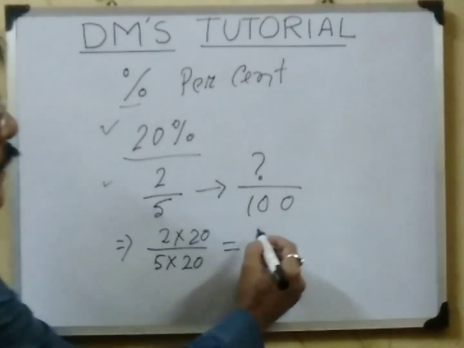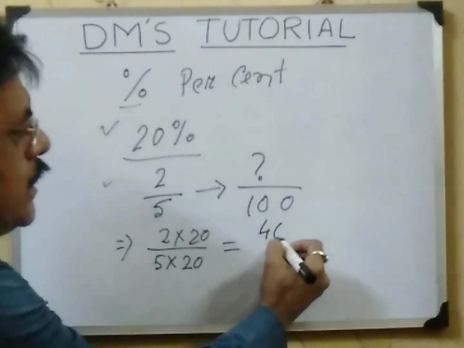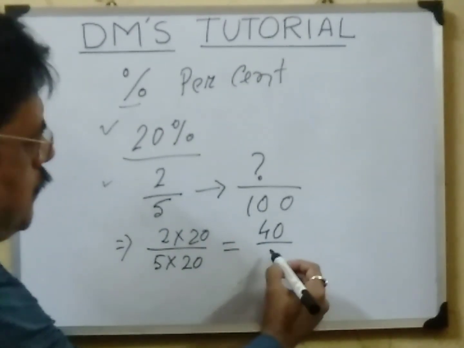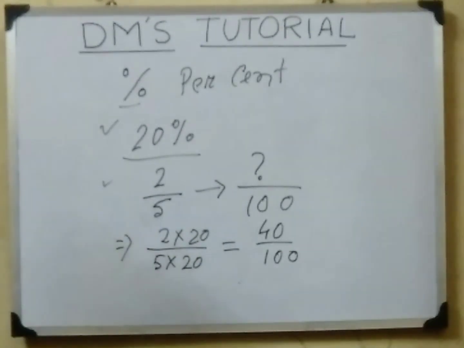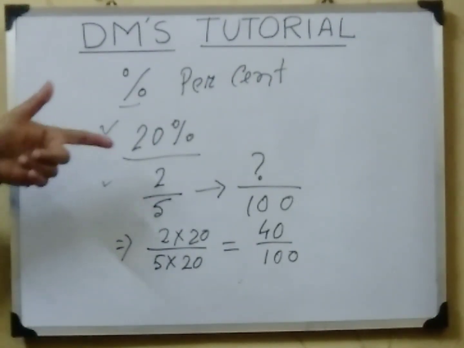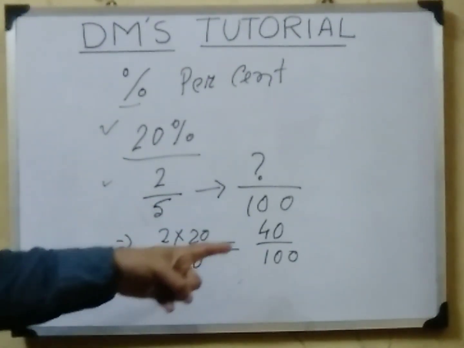So it becomes 40 by 100. 2 by 5 means 40 by 100.